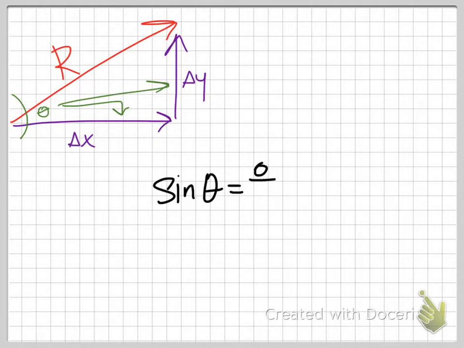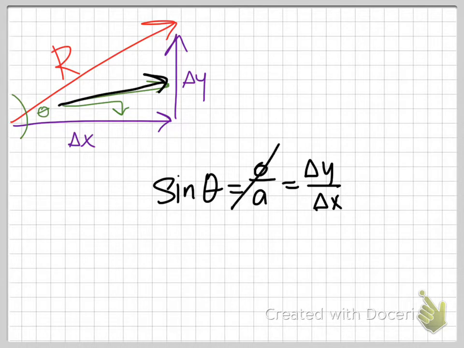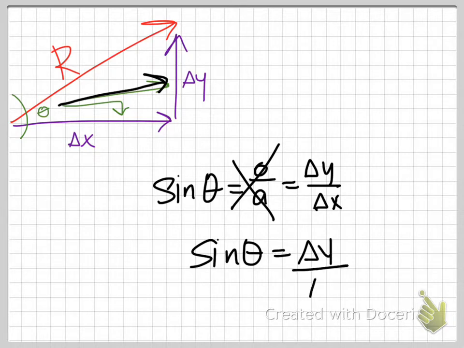Sine theta equals opposite over adjacent. Oh, well, in this case, opposite is delta y, adjacent is delta x. So sine theta equals delta y over delta x.